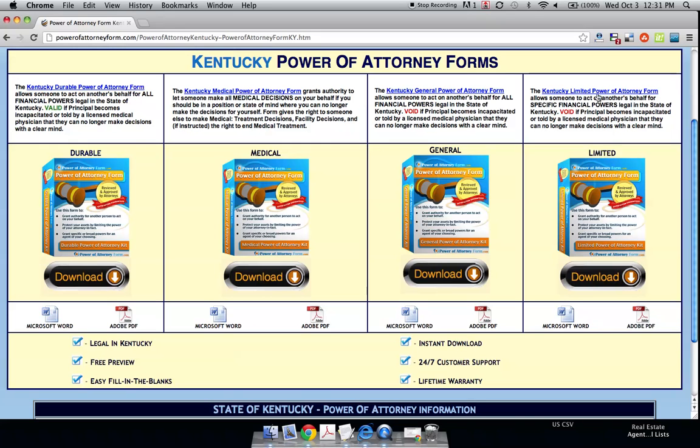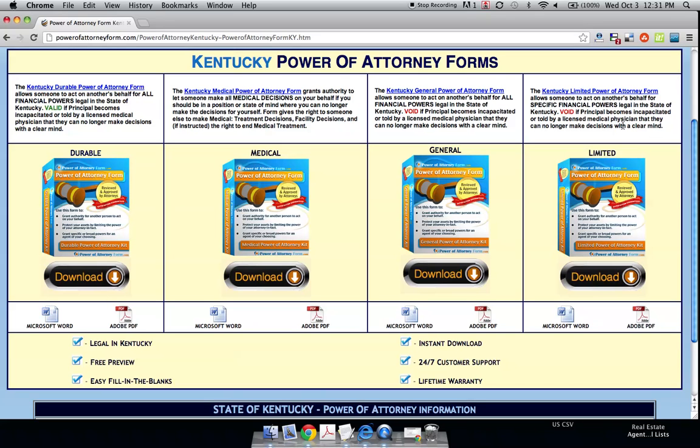And then moving along to the right, the Kentucky Limited Power of Attorney form is a really great form. I use this every year around tax time because it allows you to give somebody very specific financial power. For example, I give my accountant very specific financial power to file my taxes every year. But it could be for anything.